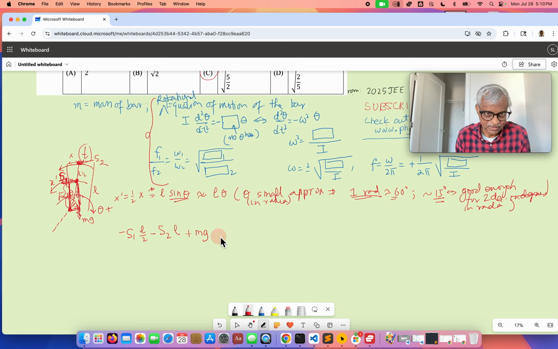So mg is going to be x, and x equals just L theta, x over 2, L over 2 theta, that should be equal to I d square theta dt square.